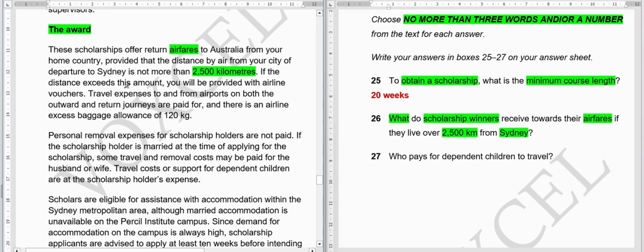If the distance exceeds this amount, you will be provided with airline vouchers. So our answer is in this particular paragraph, in these particular sentences, and your time starts now.